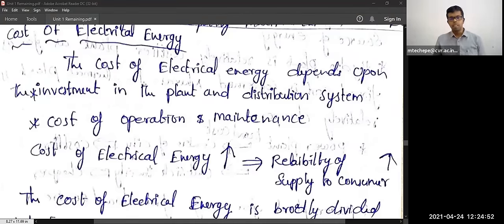Then the control equipment is there; that also has to be frequently maintained. Then many displays will be there, displaying the amount of generation, power factor, and frequency. Those meters have to be calibrated once in a while. Then many things are there.